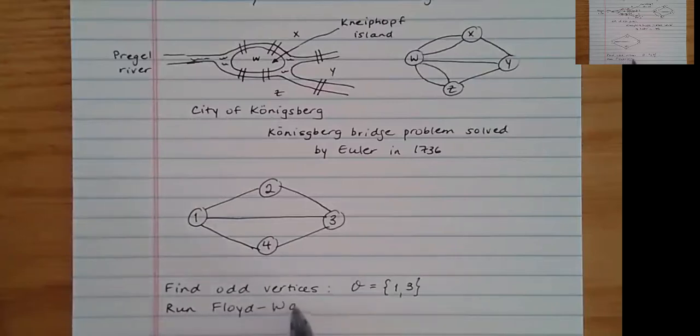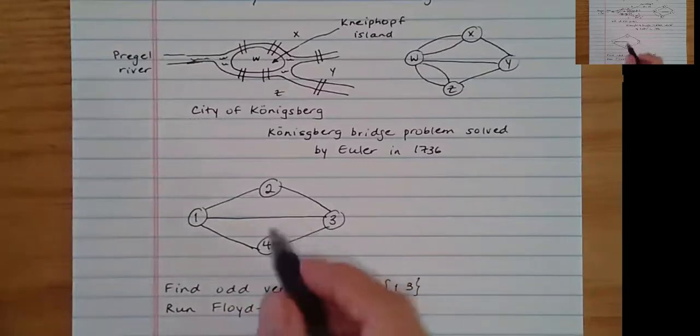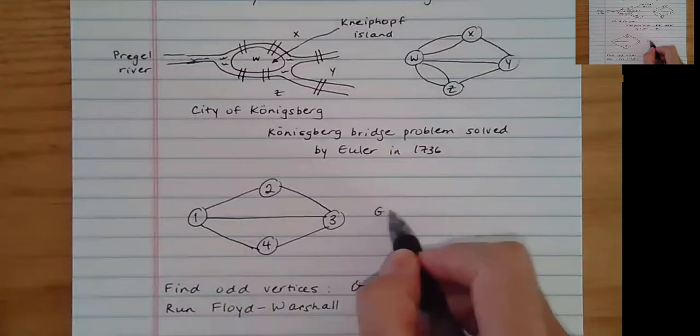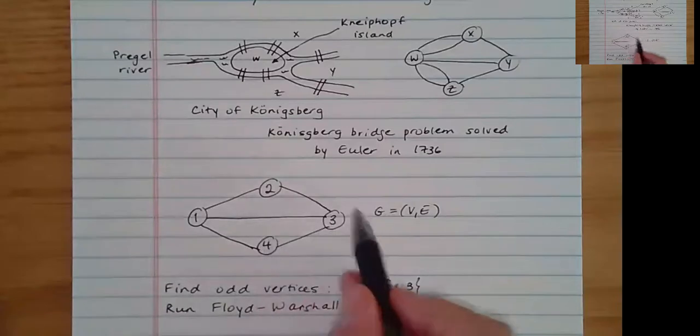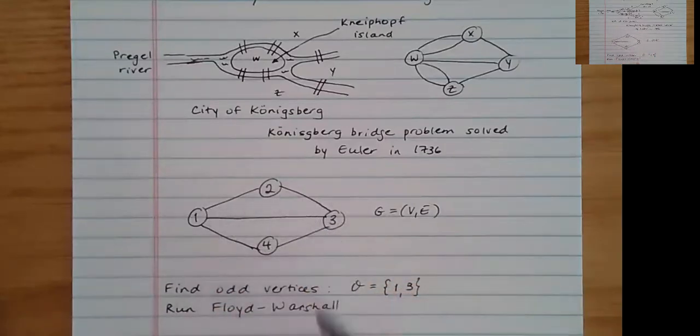We need to do it in the original graph G. It just makes sense to run the algorithm in this graph because these vertices might be far apart, and we're interested in how we get from each vertex in this set to every other vertex in this set, but in the original graph G, because we will need that information later.